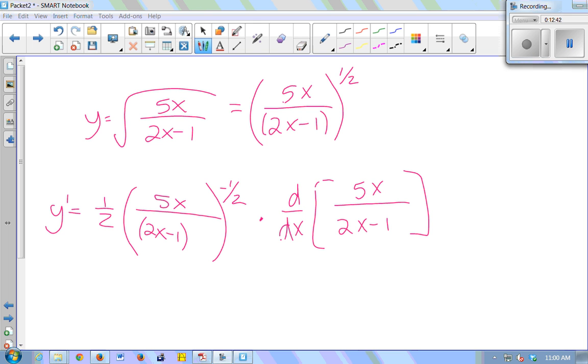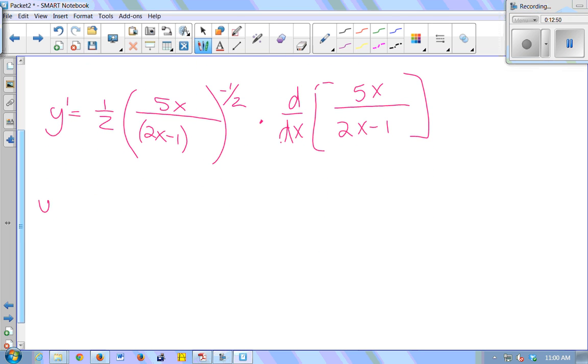And how do I take that derivative? Quotient rule. Yep. All right, so I'm going to have y prime is 1/2 times 5x over 2x minus 1 to the negative 1/2 times. So now I'm going to take the derivative of this quotient using the quotient rule.